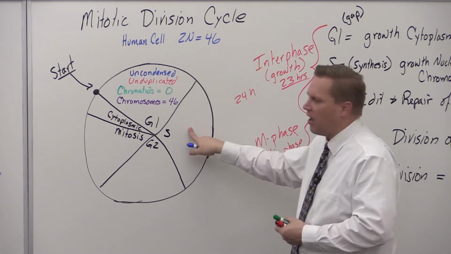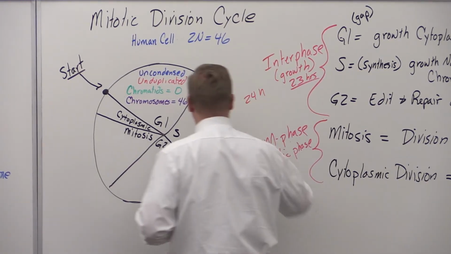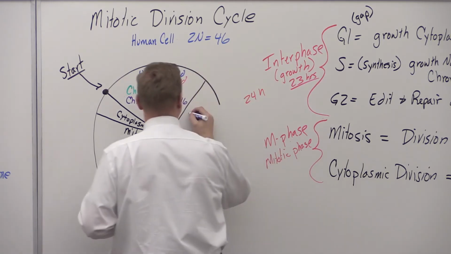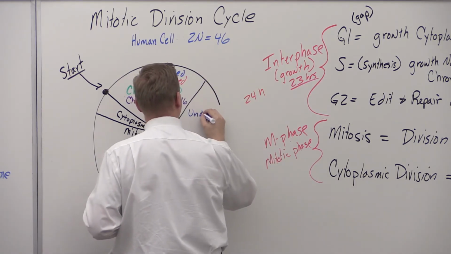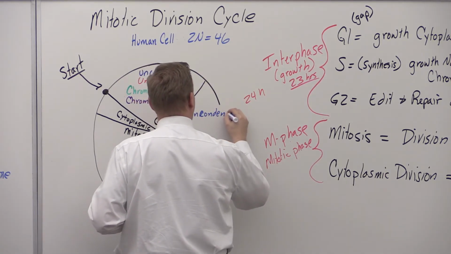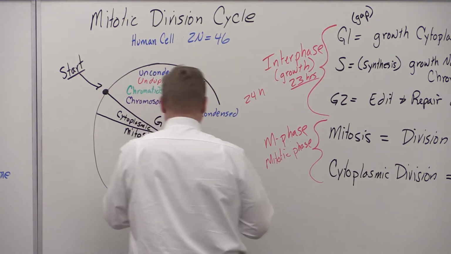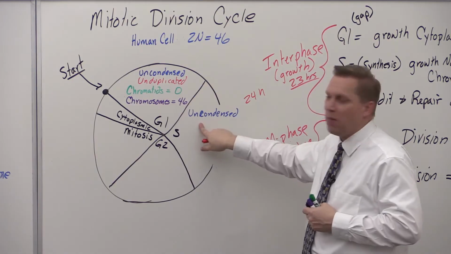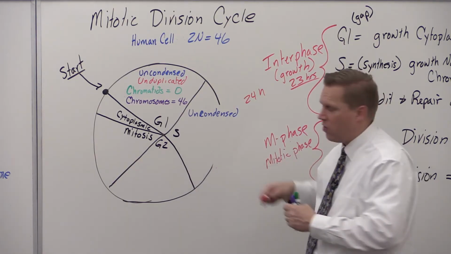Now, let's move on to S phase. In S phase, what are we? Well, we are still going to be uncondensed. Now, up here, we were unduplicated, but this is where duplication occurs.